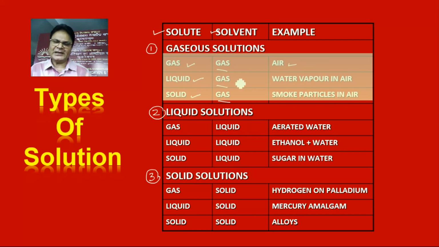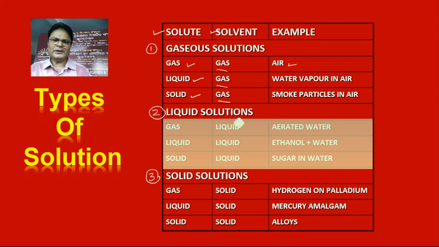An example is water vapor in air. Similarly, if the solute is solid and the solvent is gas, then the solution formed is gaseous, and the example is smoke particles in air.